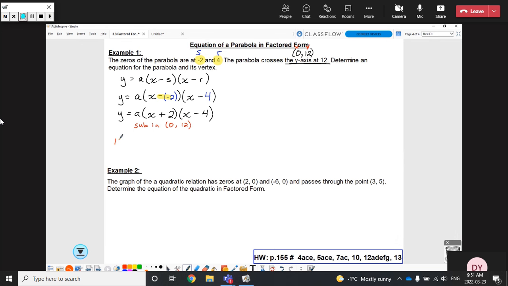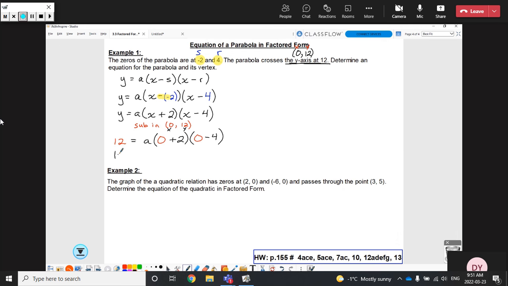So we can say here now 12 equals a bracket x is 0 plus 2 and also 0 minus 4. Right, we're subbing in 0 for x and 12 for y.